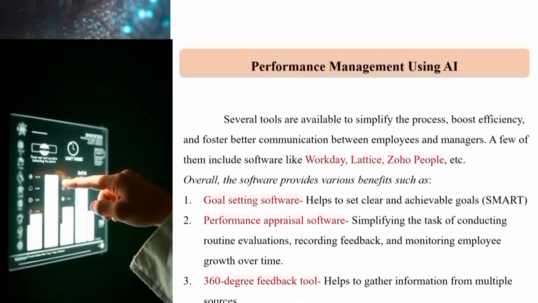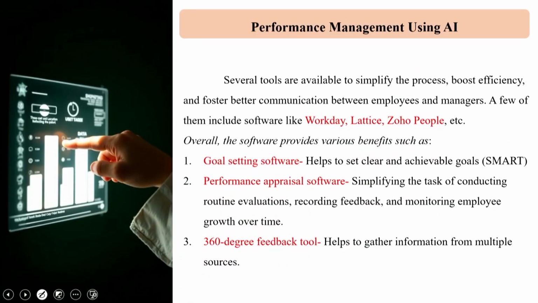Now, when you are looking into AI and performance management, we understood what performance management is. We understood what AI is. We understood why AI is essential in performance management. Now our requirement is to have a synchronization between performance management and AI, which is performance management using AI.